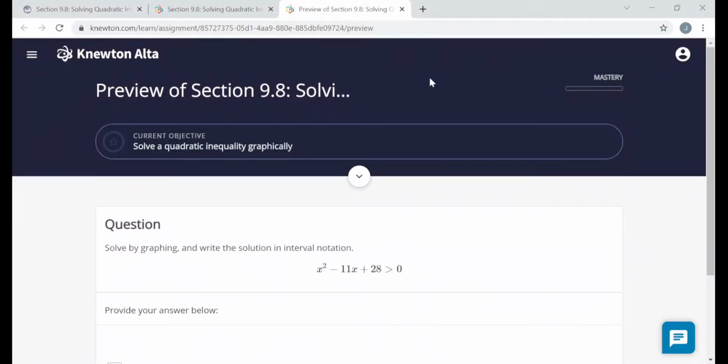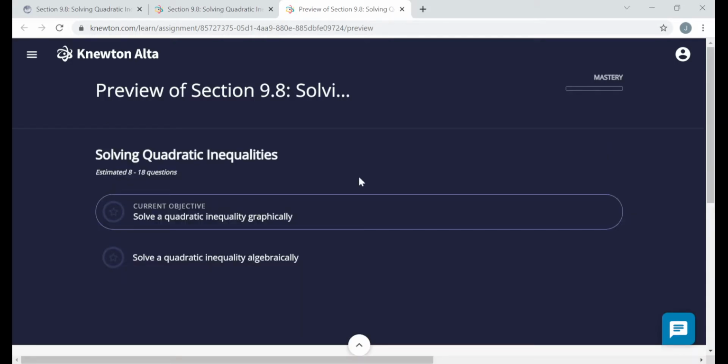Alright, so here's the assignment page. You will not see the words "preview of". You'll just have the title of the assignment, and then the mastery bar telling you how far along you've gotten. Then below that, the objectives. It looks like there are 2 objectives in this particular assignment, but both involve solving a quadratic inequality.